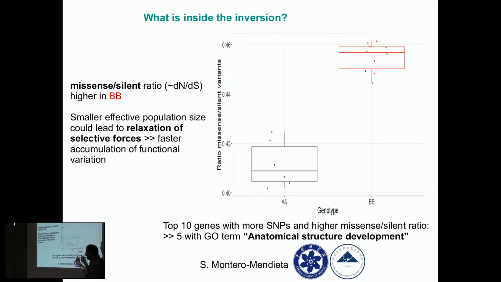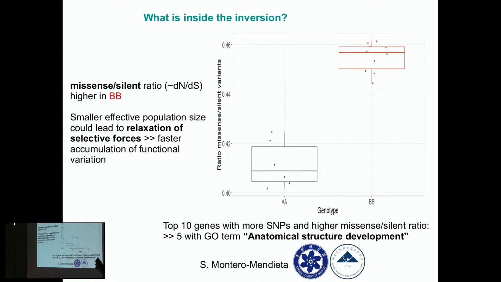In fact, if we look at the genes that have a very large number of SNPs, and we look at the genes that have larger differences between the non-synonymous and the synonymous mutations, we see a concentration of genes that affect anatomical structure development, more genes affecting morphology.